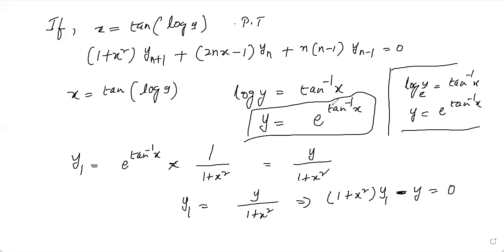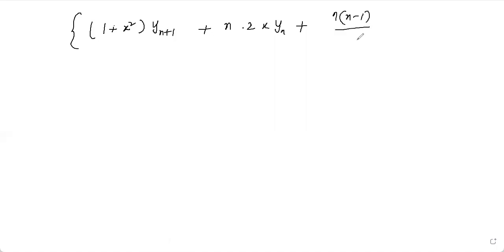So by using the Leibniz theorem, we have 1 plus x square into y n plus 1, plus n into 2x into yn, plus n into n minus 1 by 1 into 2, into 2 y n minus 1.